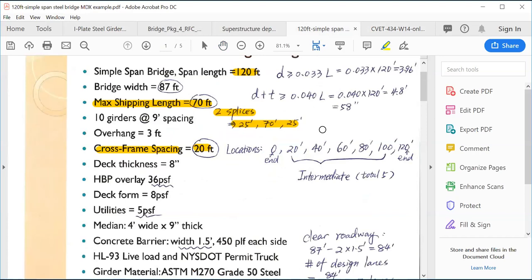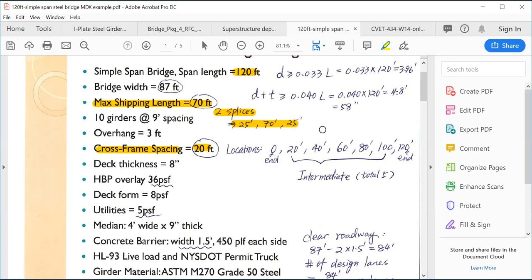So in this bridge, we use 20-foot spacing for those cross frames. And then the locations for cross frame are 0, 20, 40, 60, 80, 100, and 120. Based on the location, the 0 feet and 120 feet are at abutment, so we can also call this the bearing cross frame.